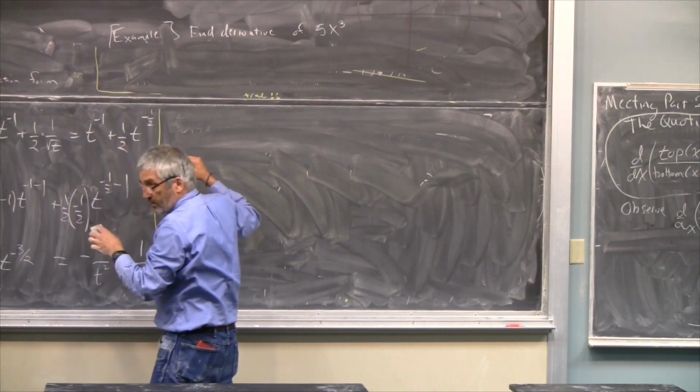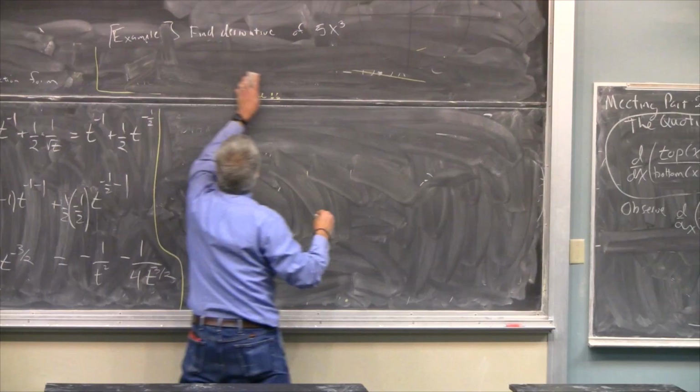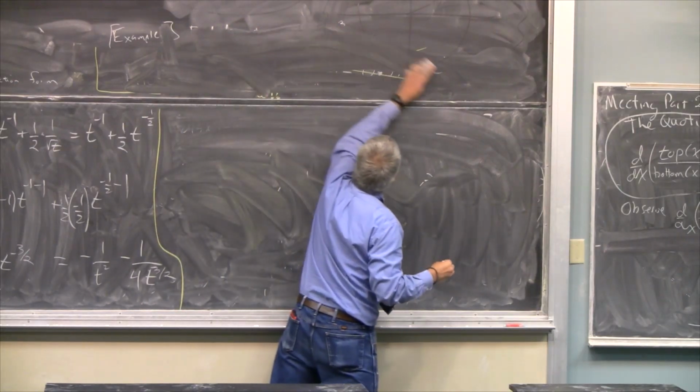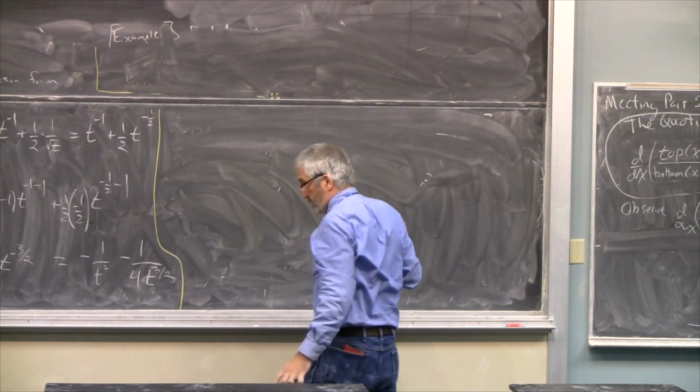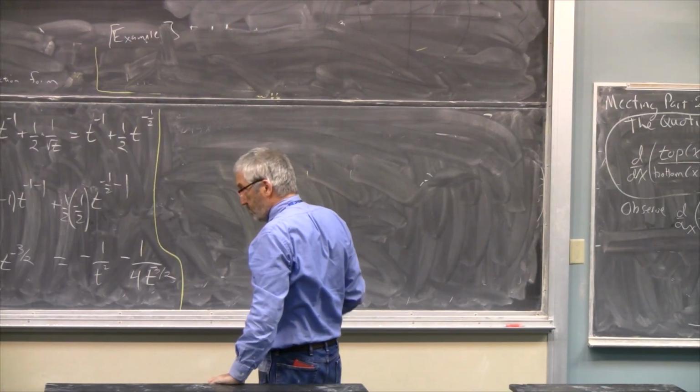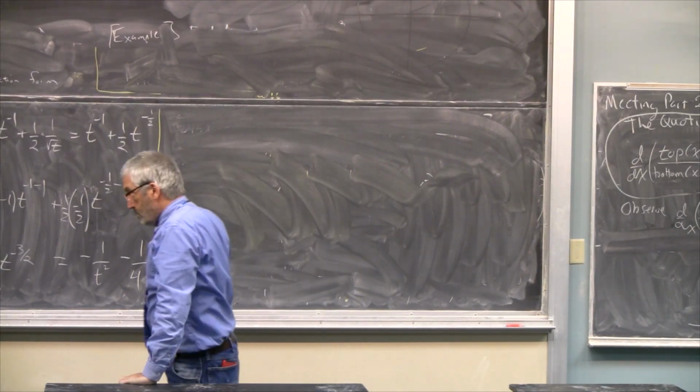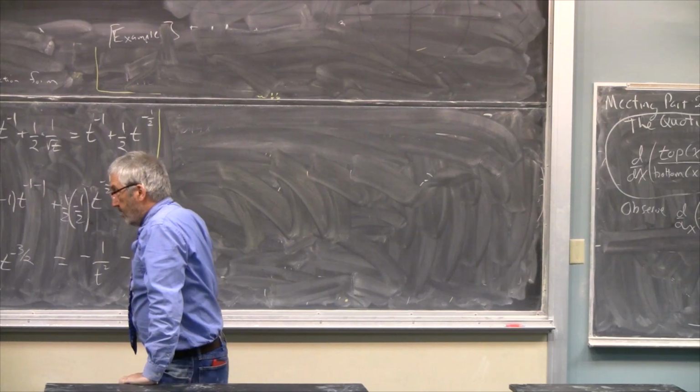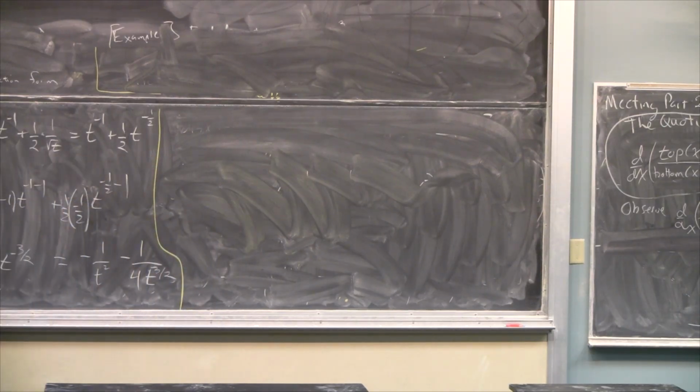Over there, on the bottom of the quotient, it says x squared. I remember I had originally written this problem wrong. So the bottom is 2t.